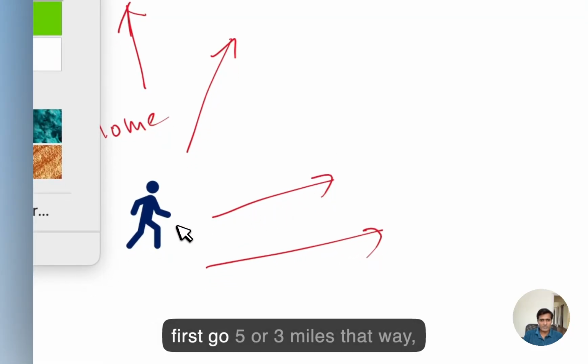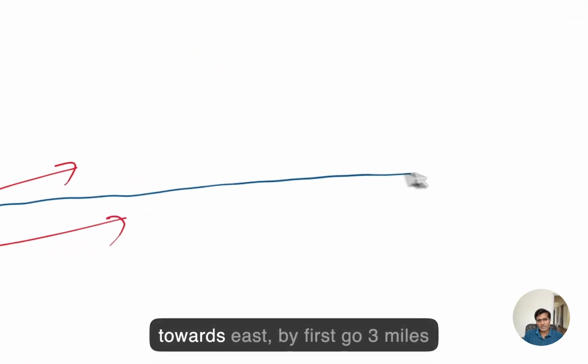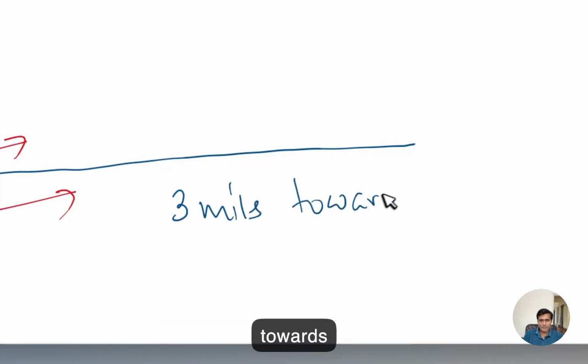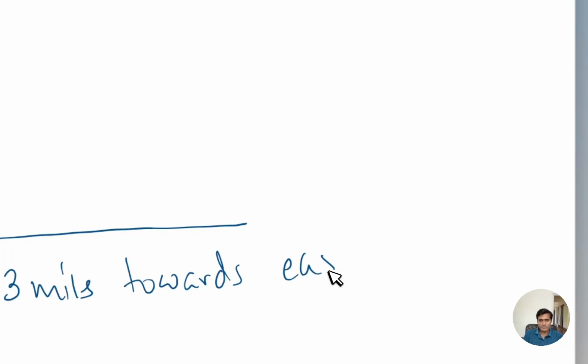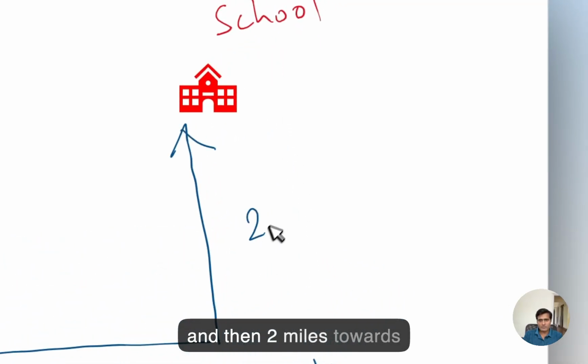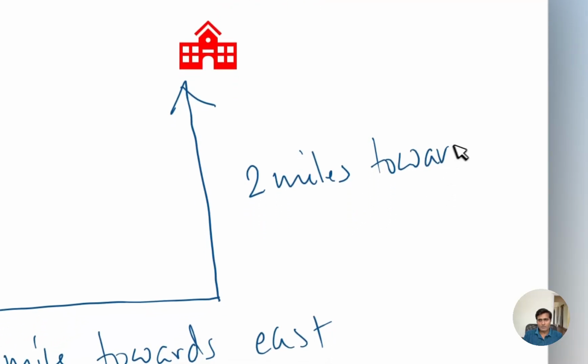First go 3 miles, let's say, towards east, and then 2 miles towards north.